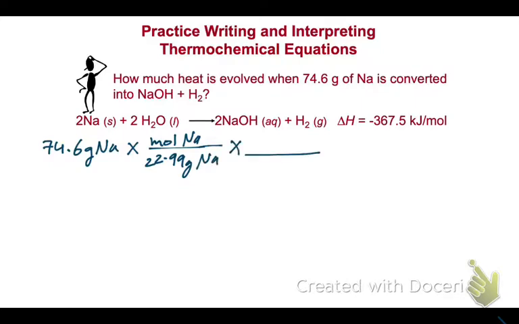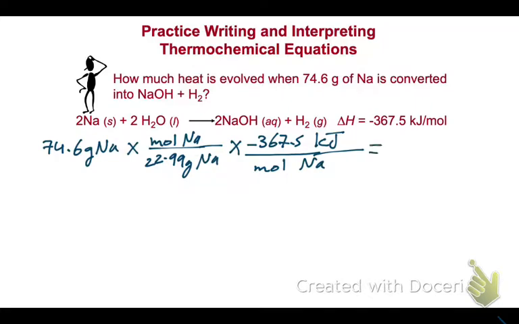And now I can do the following. I'll write two ways and I will explain what they mean. I can say negative 367.5 kilojoule for every mole of sodium.